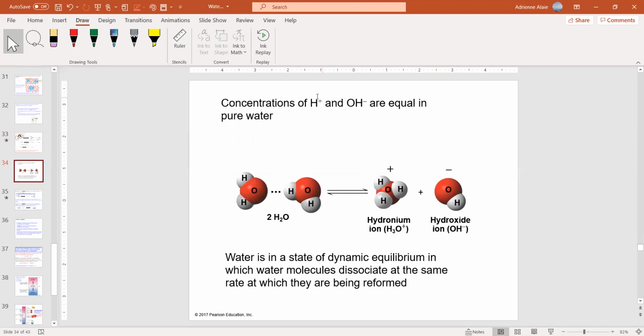The concentrations of the H plus and the OH minus, with H plus represented as this, are equal in pure water. And it's a state of dynamic equilibrium in which water molecules dissociate at the same rate at which they're being reformed. So the dissociation is going this way.